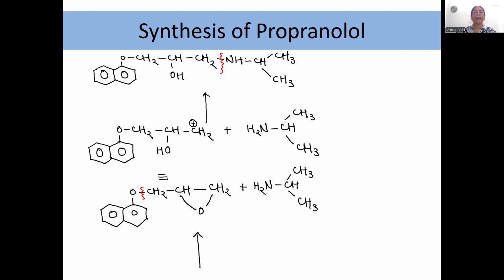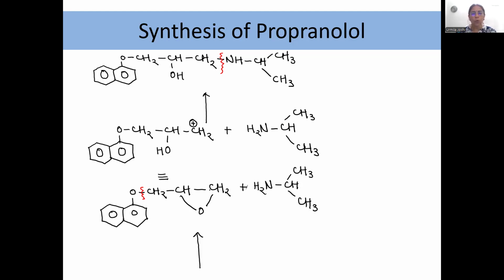Consider it like a mechano, and then you will realize that when you break this bond, you will get isopropylamine as one structure. And the second structure will be this cation, which, as I discussed, exists in the form of ethylene oxide structure. And so, propranolol can be obtained by treating isopropylamine with this substituted ethylene oxide.